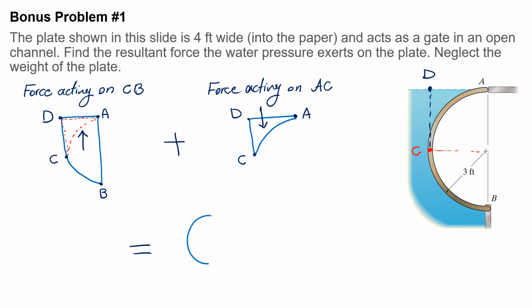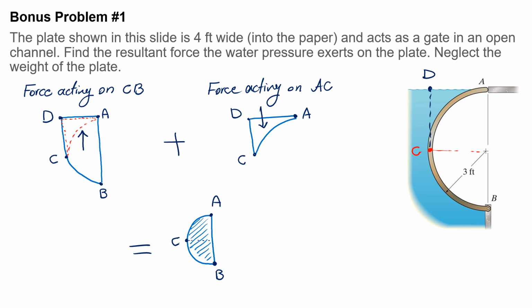It's the semicircular one. This would be B, this point would be C, and this point would be A. So if I calculate the volume of this times the specific weight of water, that would be the force acting on plate AB, right?